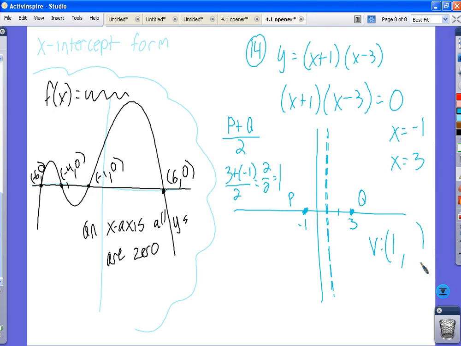That's how we found the x value. Plug it in. Plug in 1. We get 2 times 2. 2 times negative 2. Negative 4.